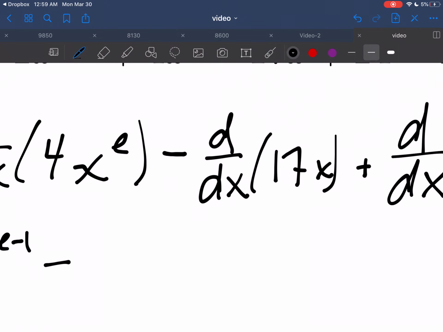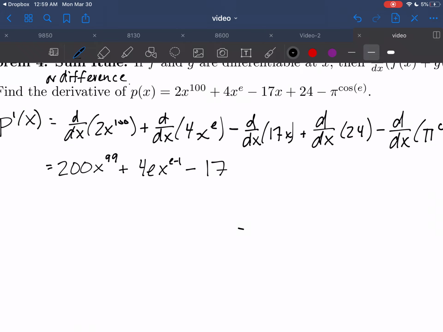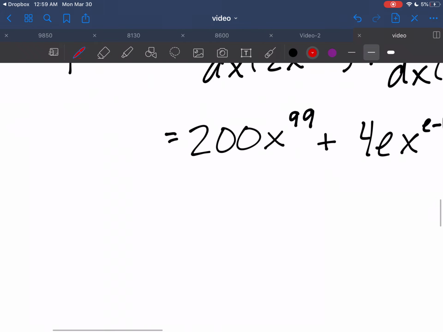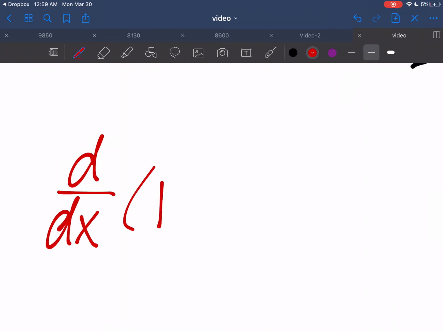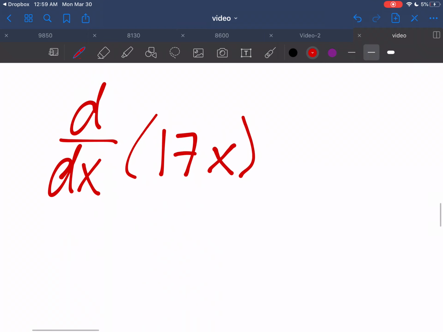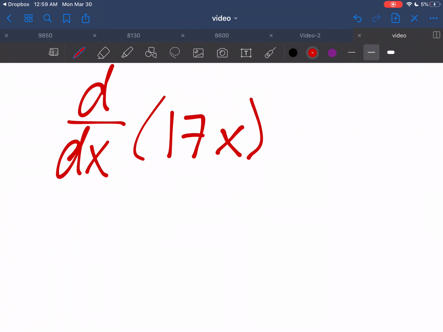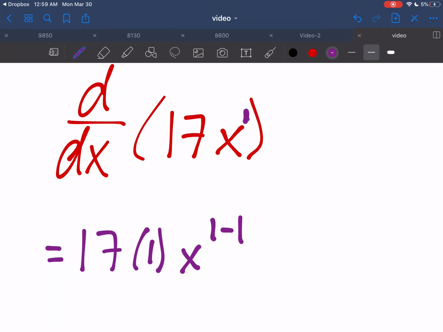So think about it this way. If I were to do that with the power rule, we'll do a little side note over here. The derivative with respect to x of 17x. We know this is x to the 1, so let's say we do the power rule. The 1 comes down, so we have 17 times 1 times x to the 1 minus 1.